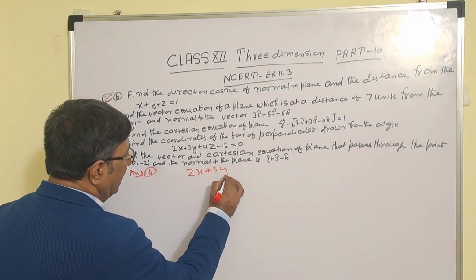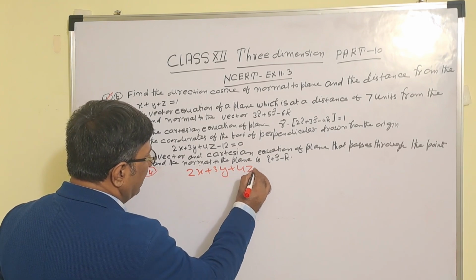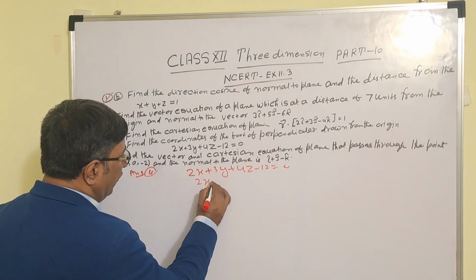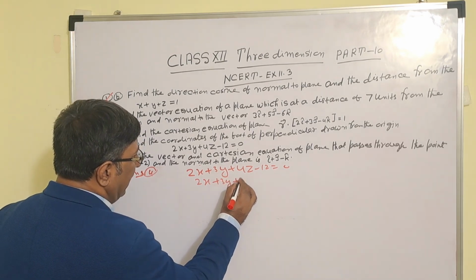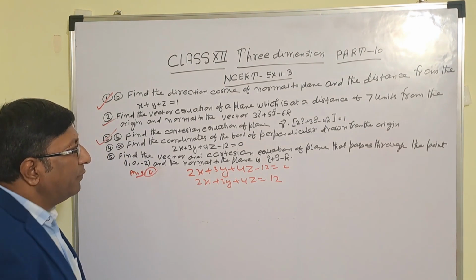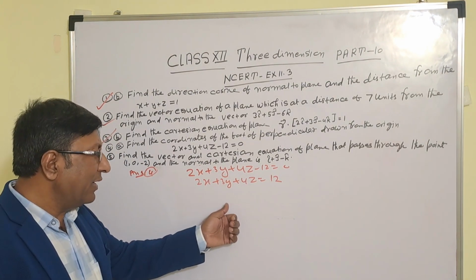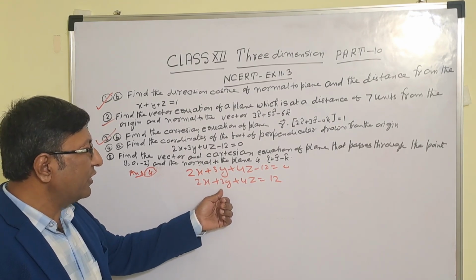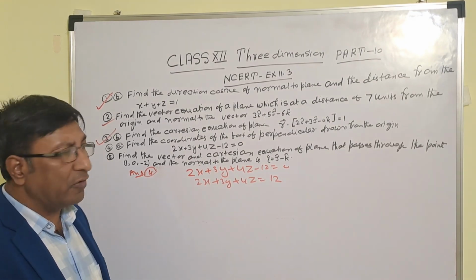2x plus 3y plus 4z minus 12 equal to 0. So you can write this equation as 2x plus 3y plus 4z equal to 12. Now divide both sides again by a square root of coefficient of x square plus coefficient of y square plus coefficient of z square.